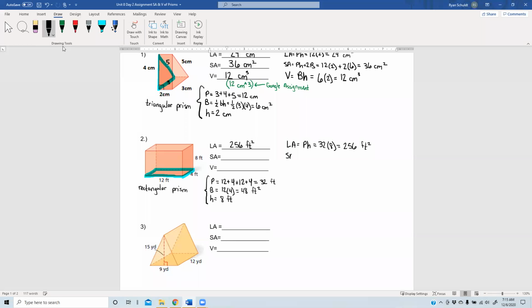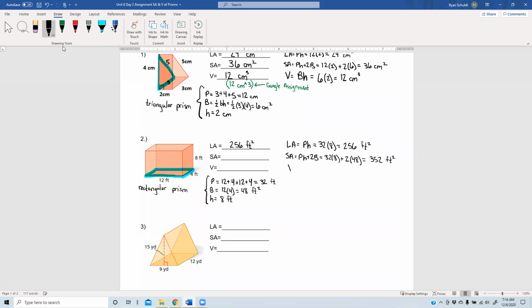Total surface area, that's PH plus 2B. That's going to be 32 times 8 plus 2 times 48. We calculate those, we'll get 352 feet squared.